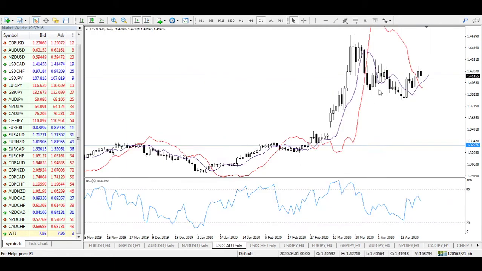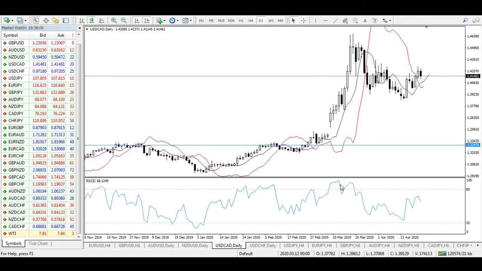So now let's look at USD CAD. After this upward retracement against this move to the downside, USD CAD seems to be going down. It means the Canadian dollar is getting a little stronger, and it was highly overbought already.